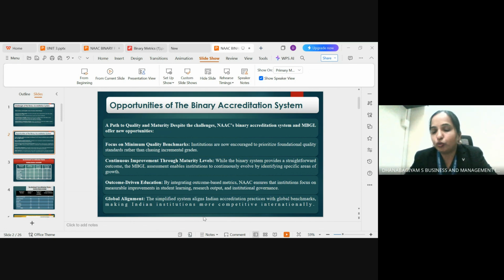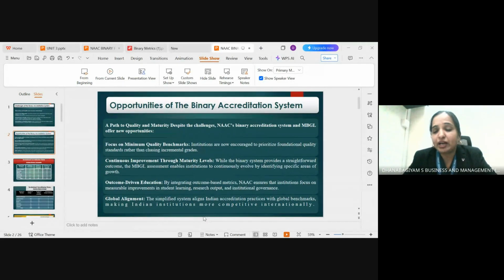When you look into the highlights, it is basically the metrics. Here we are going to have more and more quantitative metrics, only quantitative metrics. Binary accreditation was made to remove unfair practices. Earlier we had the peer team visit. They would come after our submission of all the data, to the institutions and universities, stay for around 2 days, and verify all the documents.